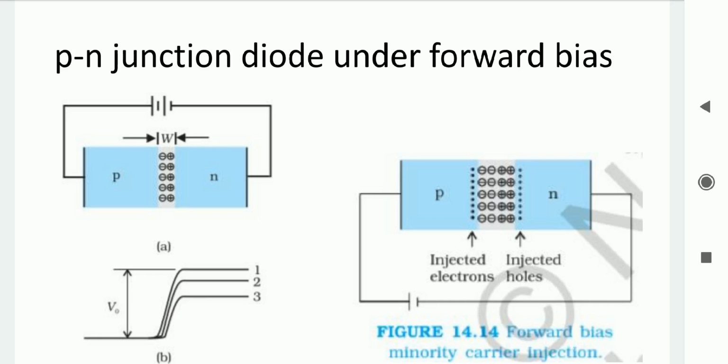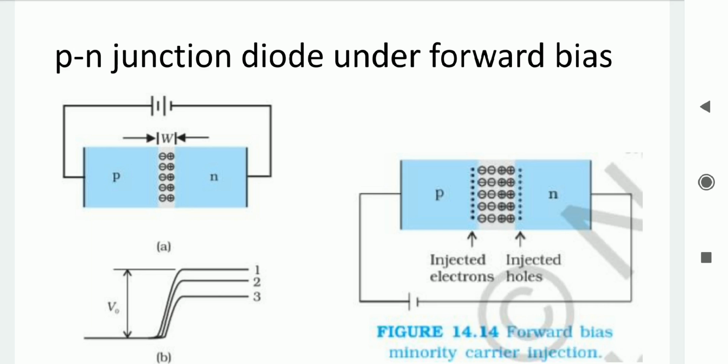Now, at the junction boundary on each side, the minority carrier concentration increases continuously compared to the other point of the junction. So due to this concentration of charge carriers, the electrons on the p side diffuse from the junction edge of the p side and reach the other end of the p side.